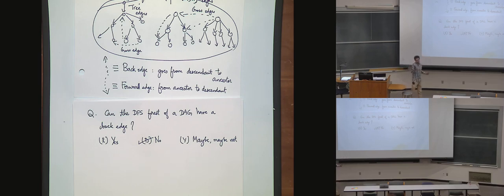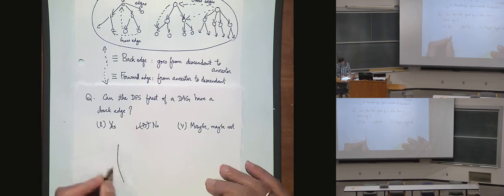But you're right. Essentially, whenever you have a back edge, you have a directed cycle, because you always have, so what does a back edge do? So this is a back edge.